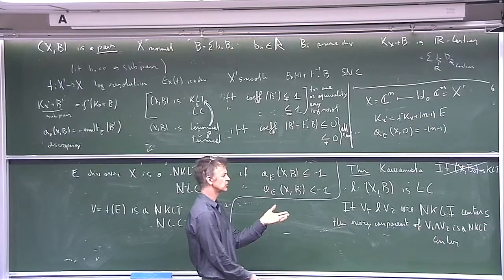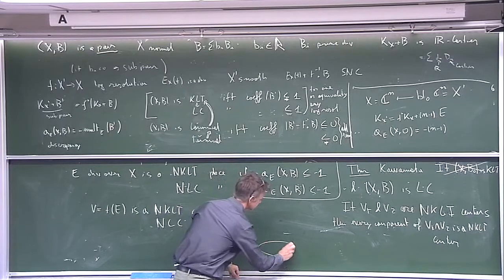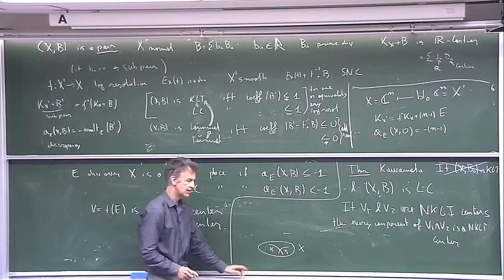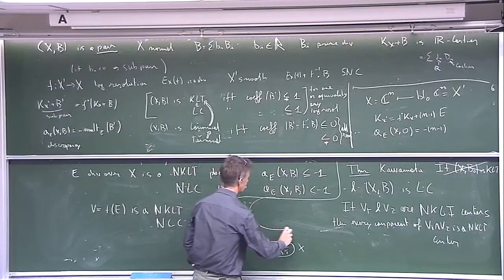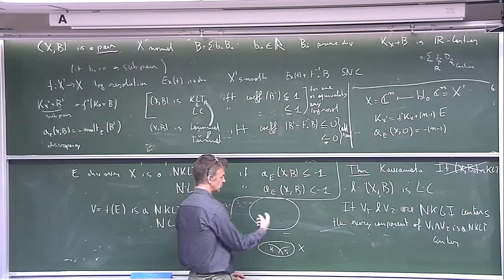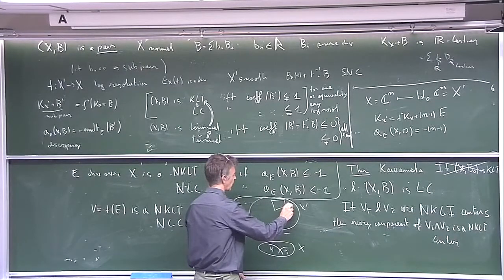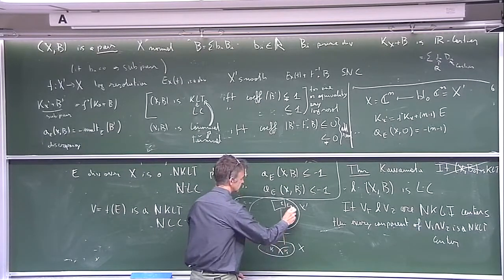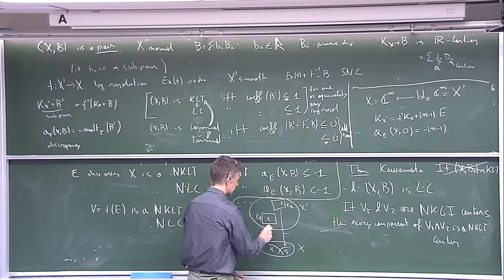So why would you expect something like this to be true? Here's your X, and you have two log canonical centers, V1 and V2, right? And you want their intersection also to be a log canonical center. So you look at the log resolution X prime, and what you notice is that you have a divisor E1, which has coefficient 1, mapping down to V1, and another divisor E2, also of coefficient 1, mapping down to V2.